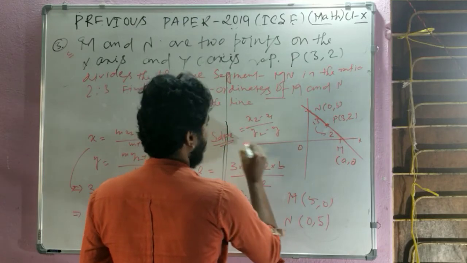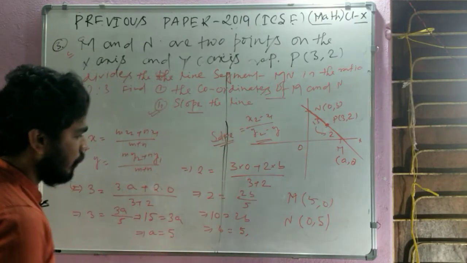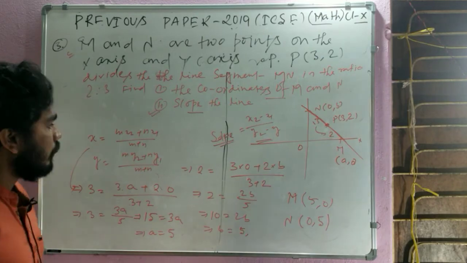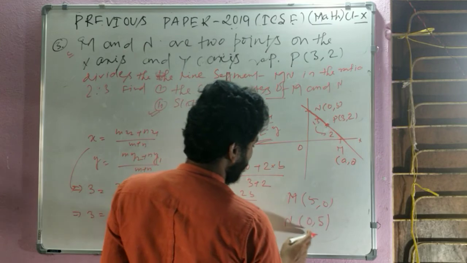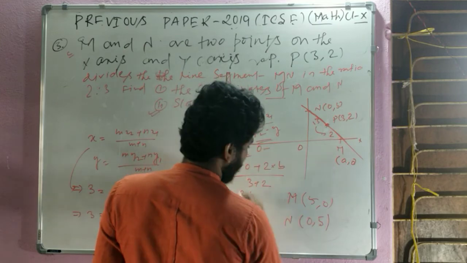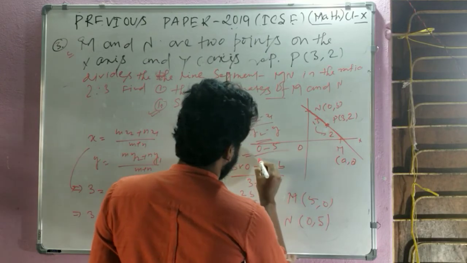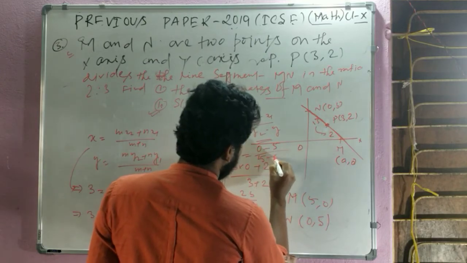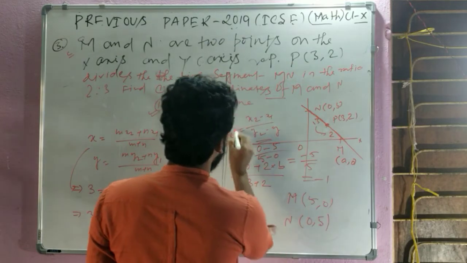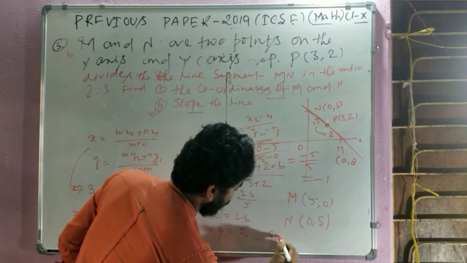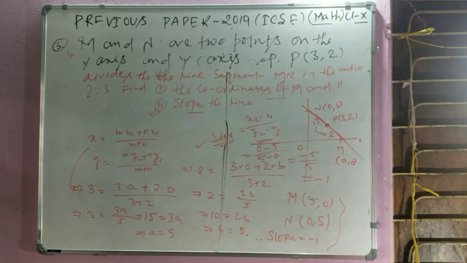So slope equals 5 minus 0 divided by 0 minus 5. That means 5 by minus 5, that means minus 1. Therefore the slope equals minus 1. This is the required answer of this question.